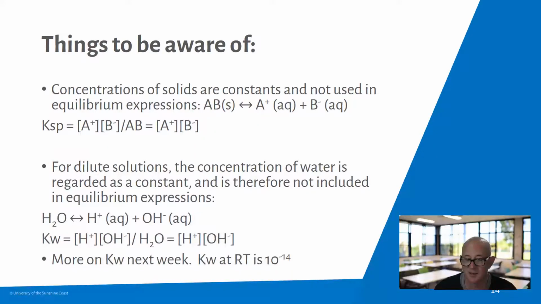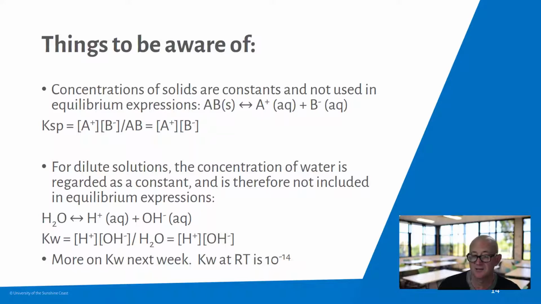If I have an equation where H2O splits up to form H plus aqueous and OH minus aqueous, and I write down the equilibrium constant for water, rather than Keq I'm going to use Kw. It's products over reactants, so H plus concentration multiplied by OH minus concentration, divided by the concentration of water, but that's effectively a constant, so it gets left out of the equation.